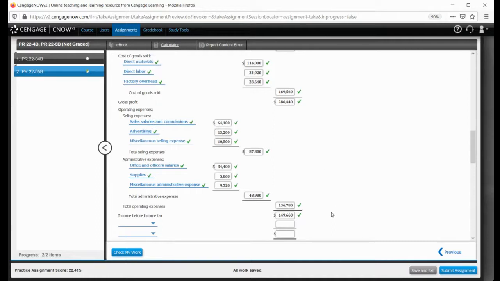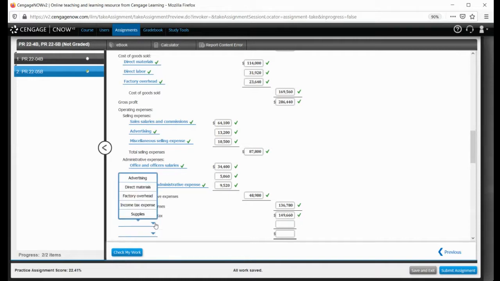Again, I'm getting this amount by taking my total administrative expenses and subtracting it from my cost of goods sold. That leaves me with my income before income tax.